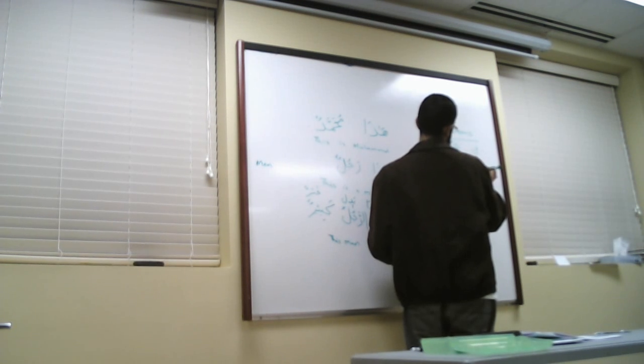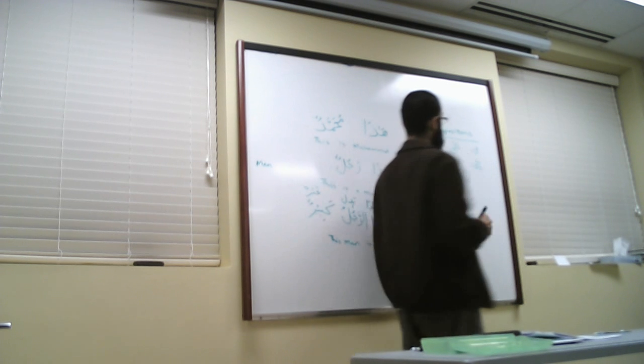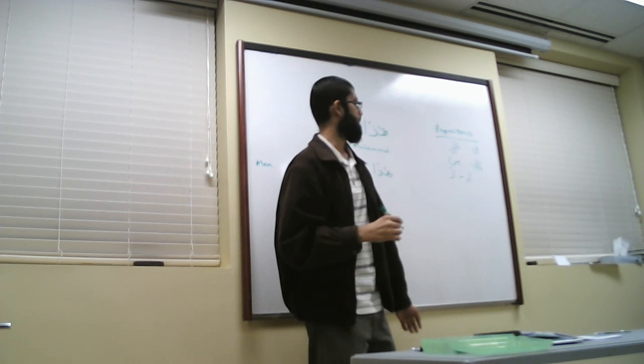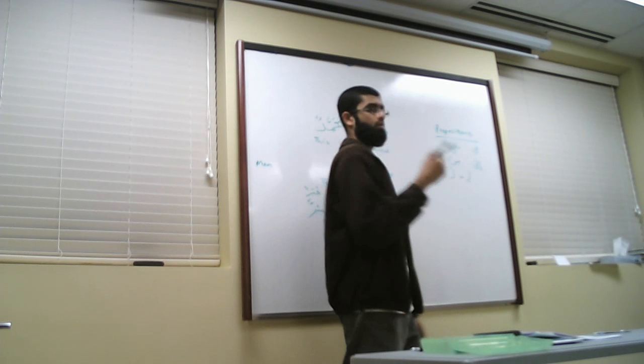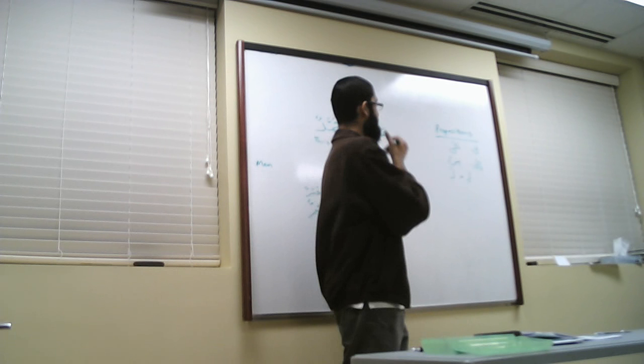We're saying that hada rajul is a way to specify someone definitely using hada, hadihi, dhalika, or tilka. Instead of saying hada Muhammadun or hada rajulun, you're saying hada rajul, this man.